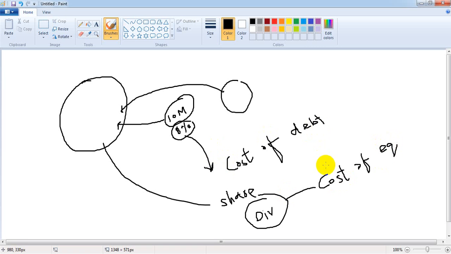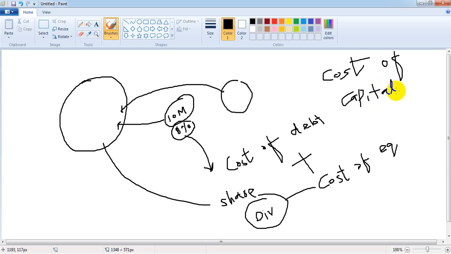So cost of debt and cost of equity, combinedly we call it cost of capital. This is basically our cost of capital.